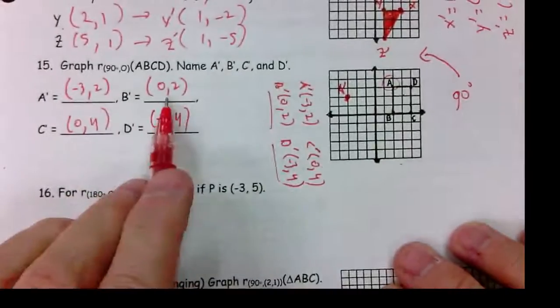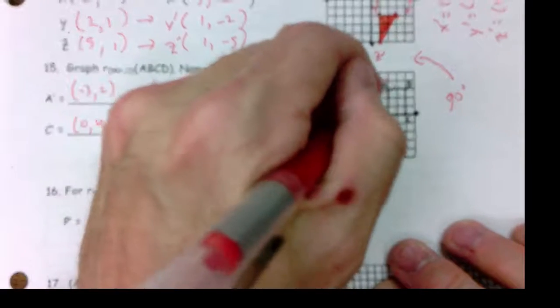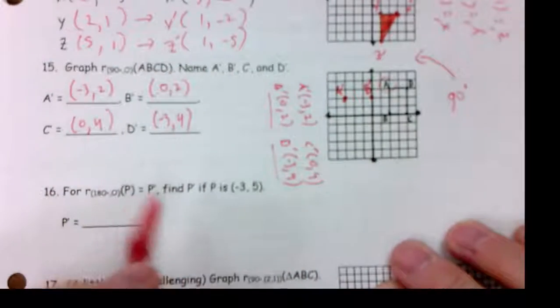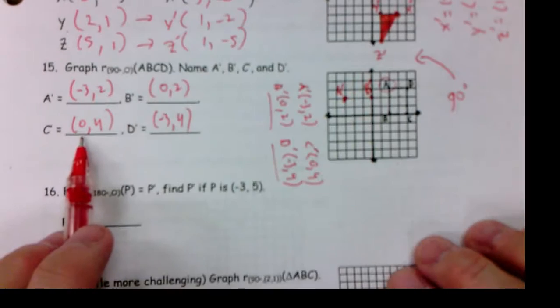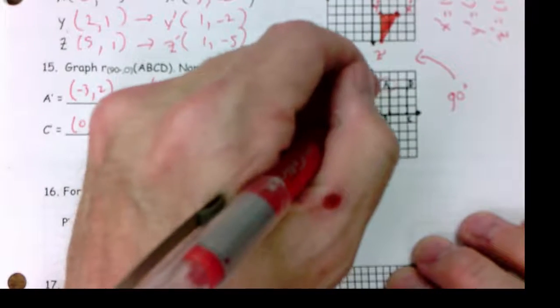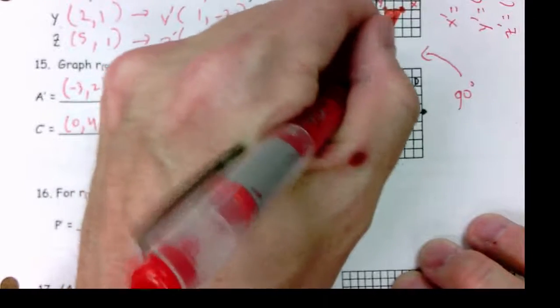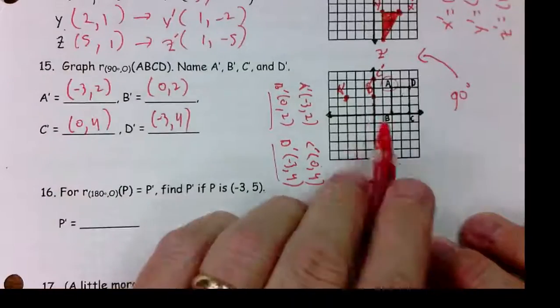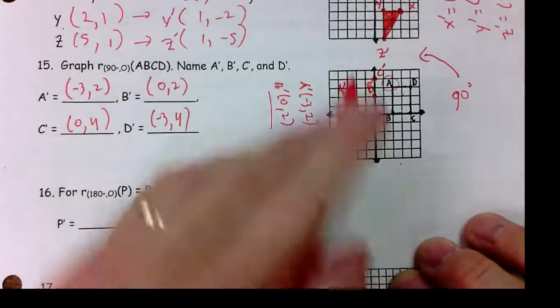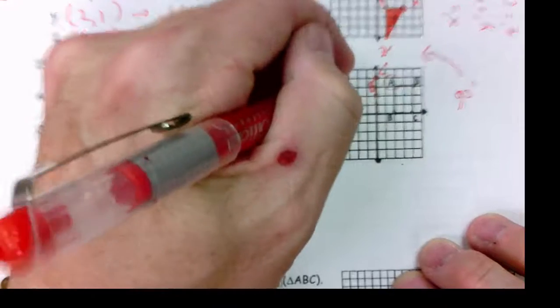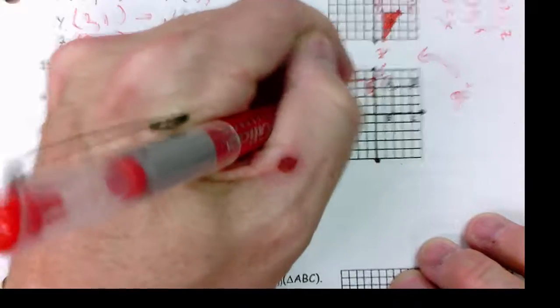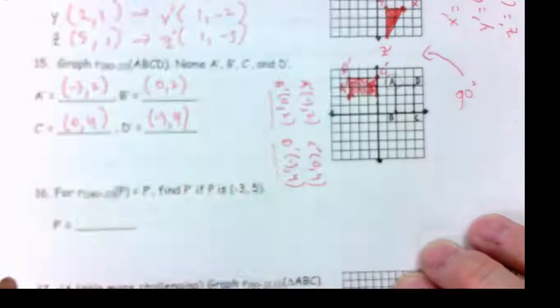B prime is 0, 2. C prime is 0, 4. Oops. And D prime is -3, 4. And my rectangle looks like that.